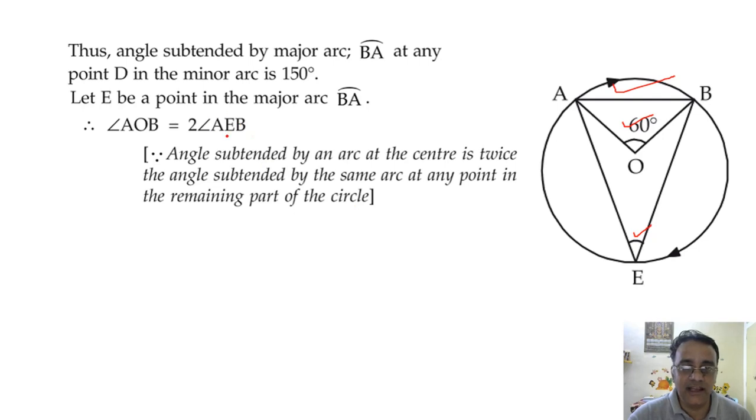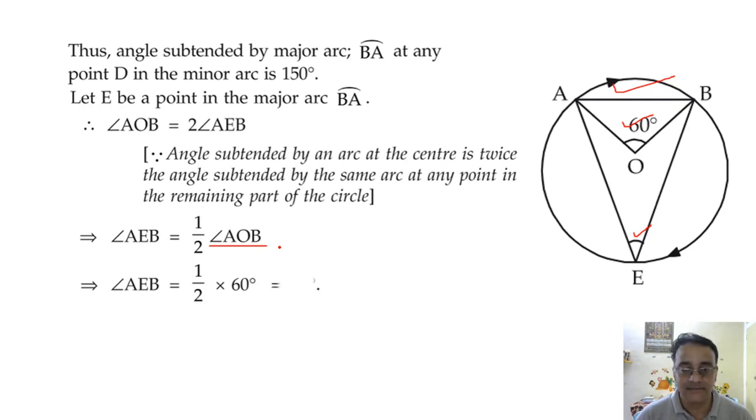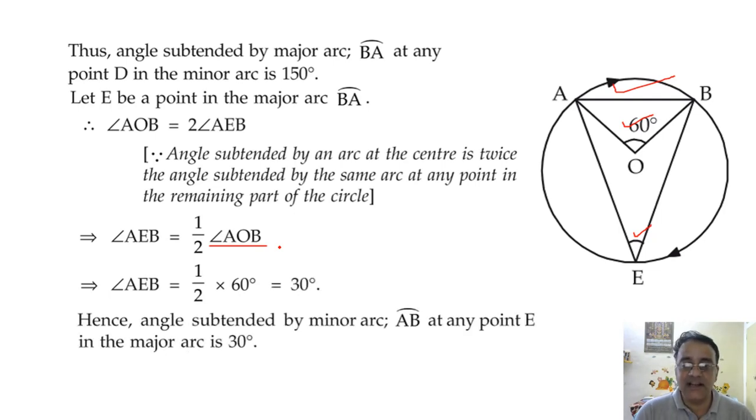So angle AEB will be half of angle AOB. And angle AOB we already got, that is 60 degrees. So half of 60 degrees is 30 degrees. Hence the angle subtended by the minor arc at any point in the major arc is 30 degrees. Any doubt in this question?